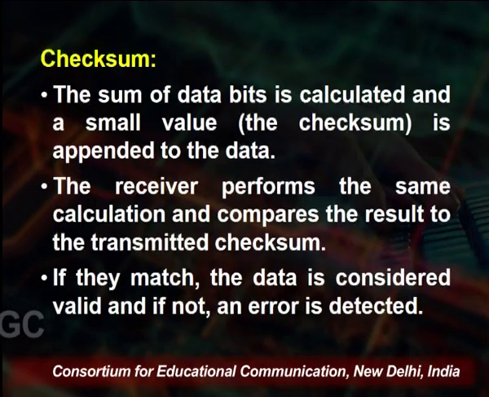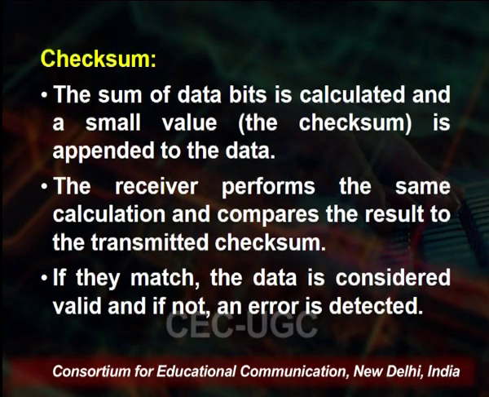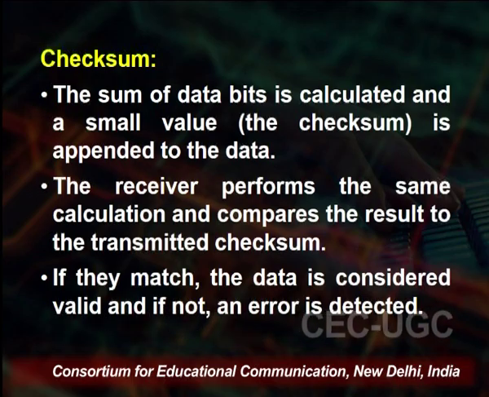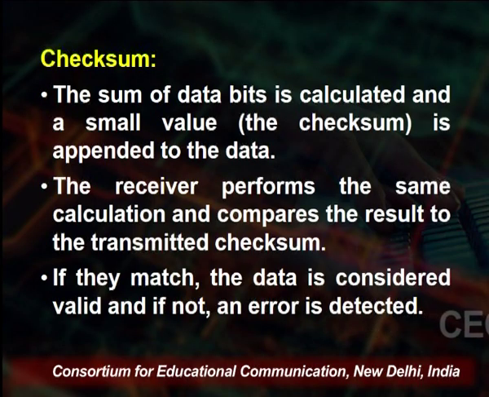Coming on to the next method of checking, which is checksum. In the checksum method, the sum of data bits is calculated and a small value, known as the checksum, is appended to that data. So now we are not appending the parity bit, we are appending a checksum.